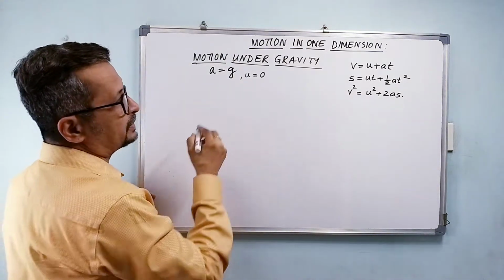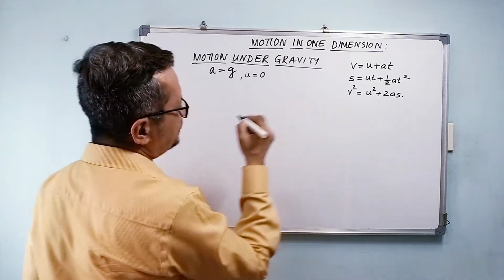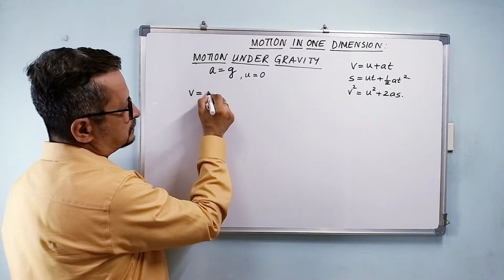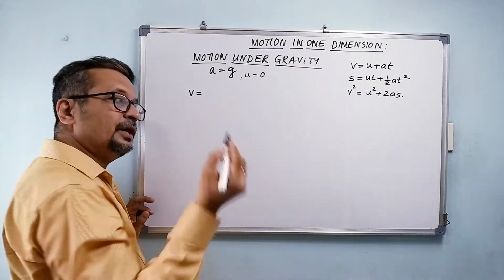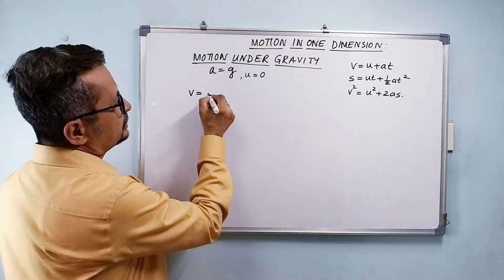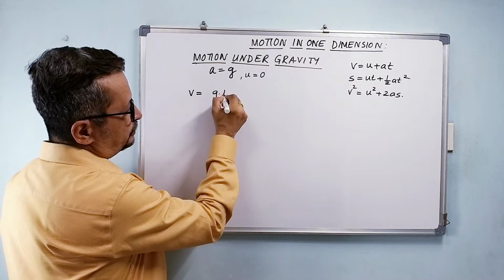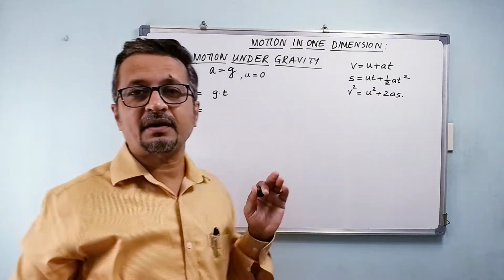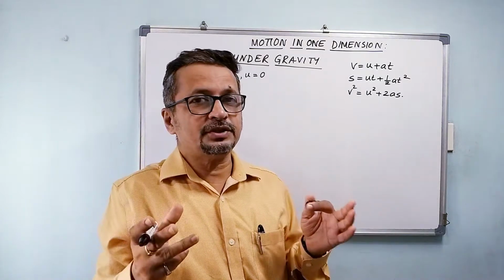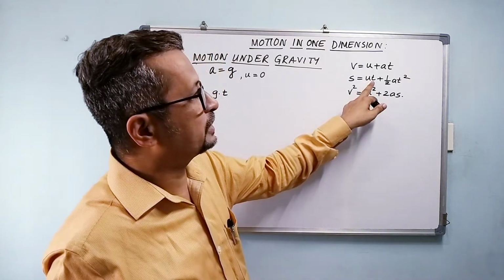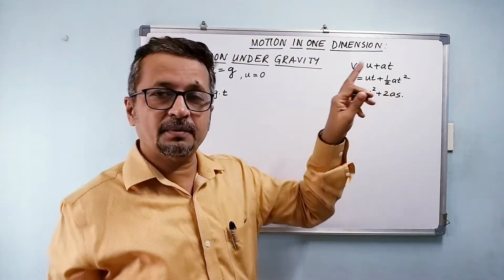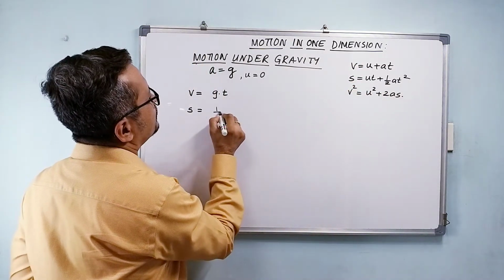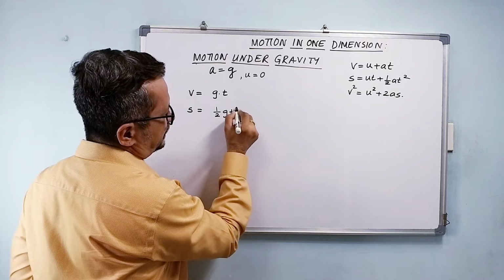So then these equations 1, 2 and 3 we can write as v is equal to u plus at. Now my u is 0 and a is equal to g, so it would be equal to g into t. My s is going to be equal to ut plus half at square. Again my u is equal to 0, so this part becomes 0 and the remaining would be half gt square.